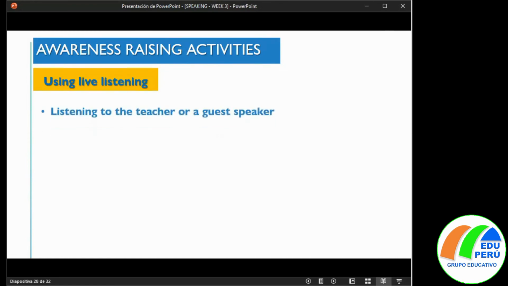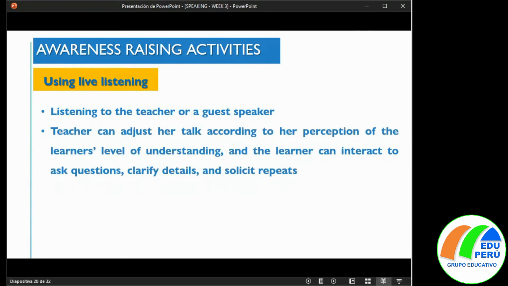It means listening to the teacher or a guest speaker. The teacher can adjust her talk according to her perception of the learner's level of understanding, and the learner can interact to ask questions, clarify details, and solicit repeats.